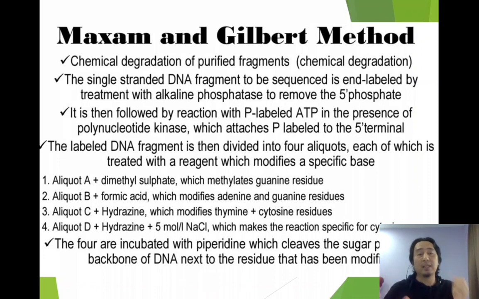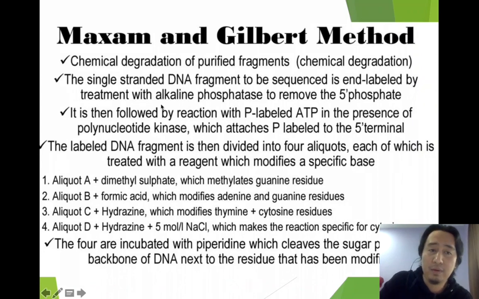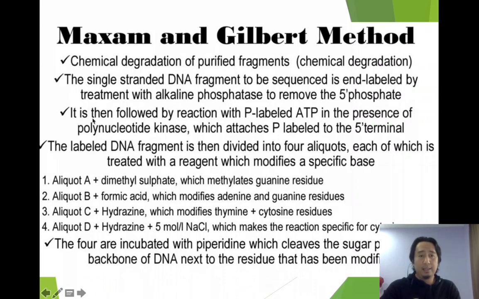The single-stranded DNA fragment to be sequenced is end labeled by treatment with alkaline phosphatase to remove the 5' phosphates. It is then followed by reaction with P32-labeled ATP in the presence of polynucleotide kinase, which attaches the phosphate label to the 5' terminal.